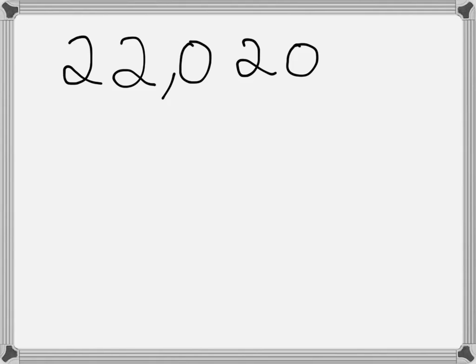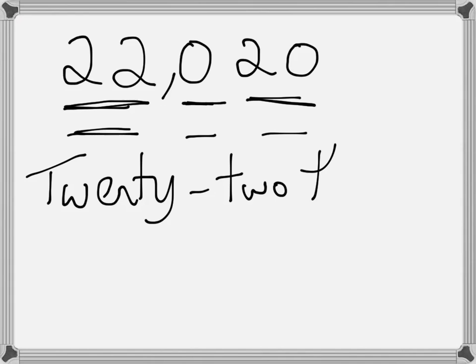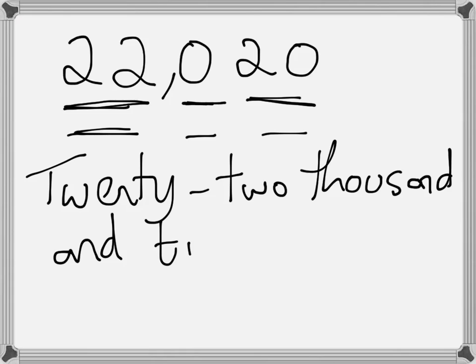Here, lots of 2's and 0's, so we've got 22,000 and 20. 22,000, no hundreds, and 20. So 22,020. So it's written as 22,020.